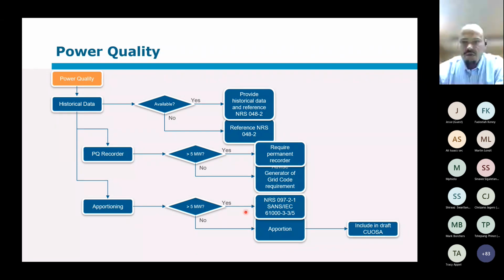You can just refer to other standards and have them type tested. So similar to there is the 097-2-1 again, and the grid code would deem them compliant to the requirements. If it's larger than 5 megawatt, then you go for the full apportioning to tell them what they're allowed to emit. That must go into the draft QOSA.